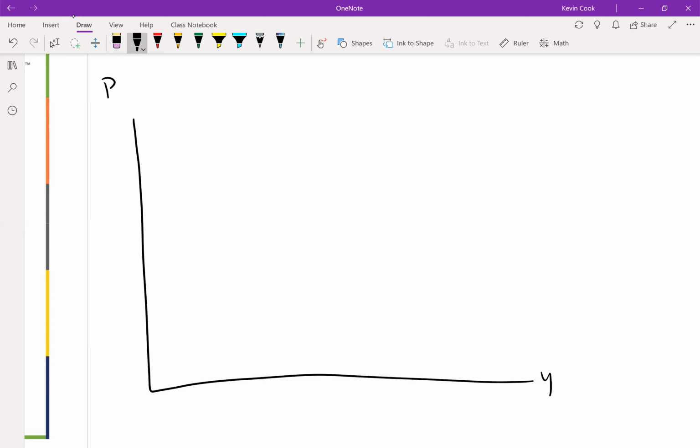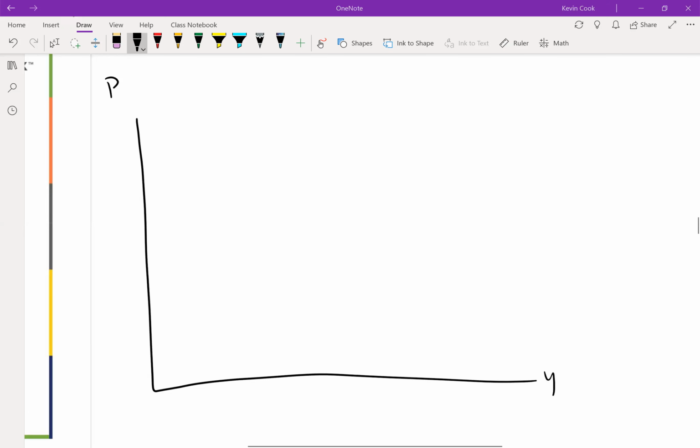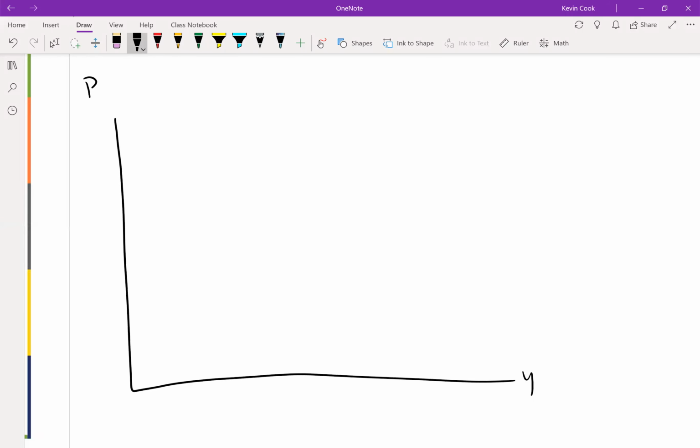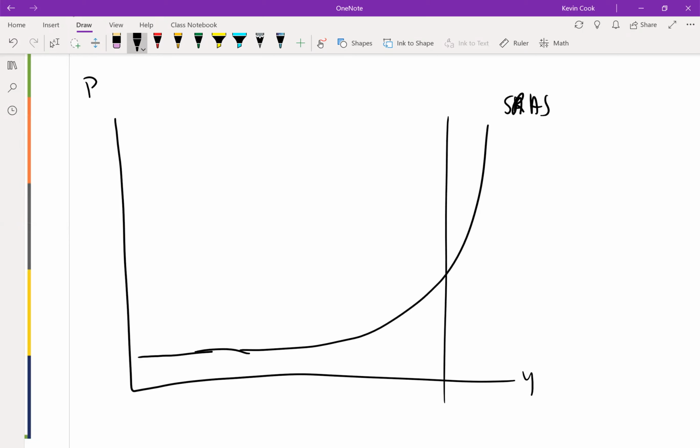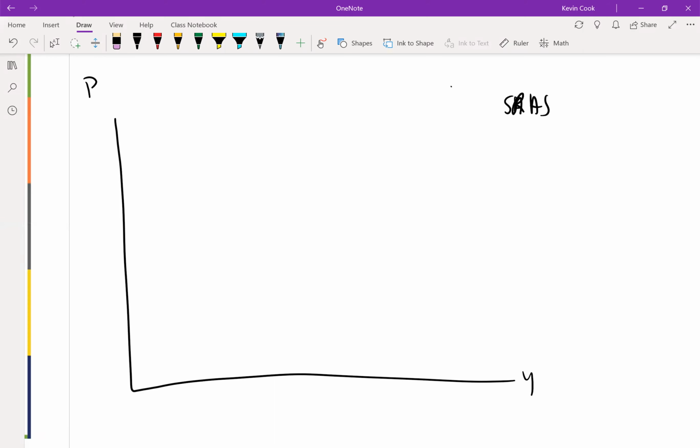And we'll see our aggregate demand curve going down, something like that. Or actually, I'll put us in equilibrium. So we have our short run aggregate supply, which looks something like this. I'm not going to worry about long run right now. I'm just going to deal with the short run just to keep things clean.